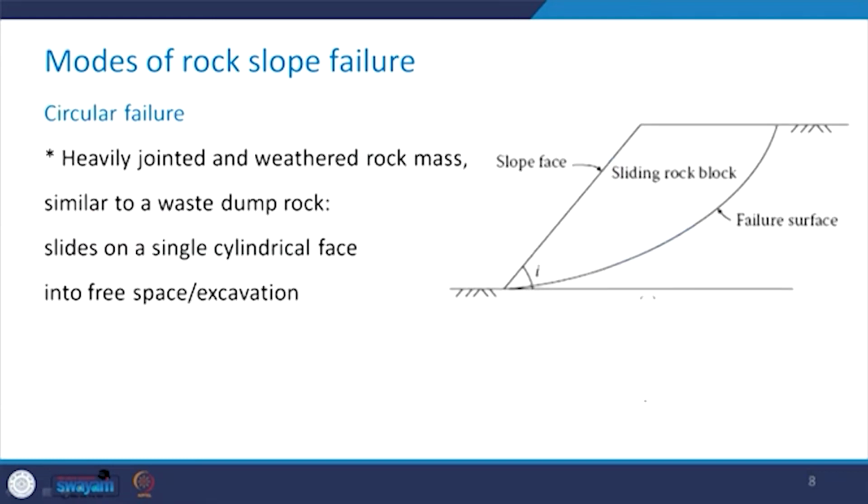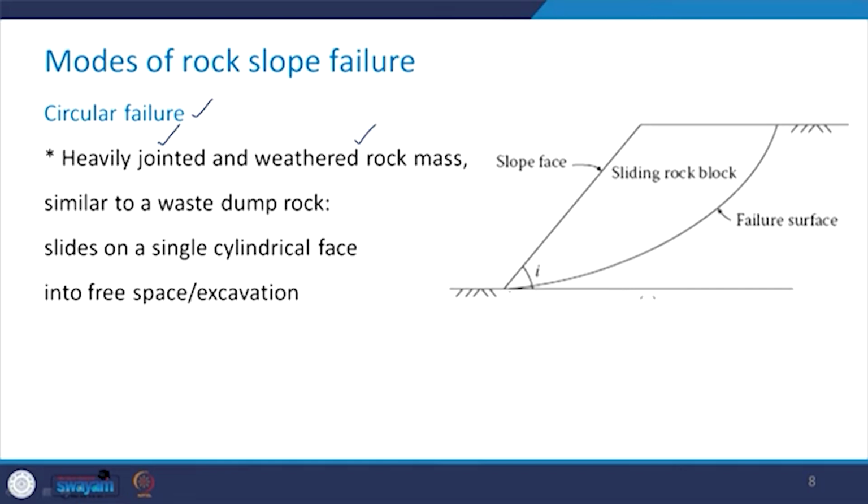Coming to the third category, which is the circular failure, this occurs in case of heavily jointed and weathered rock mass, very much similar to a waste dump rock, and the sliding takes place on a single cylindrical face into the free space or excavation.